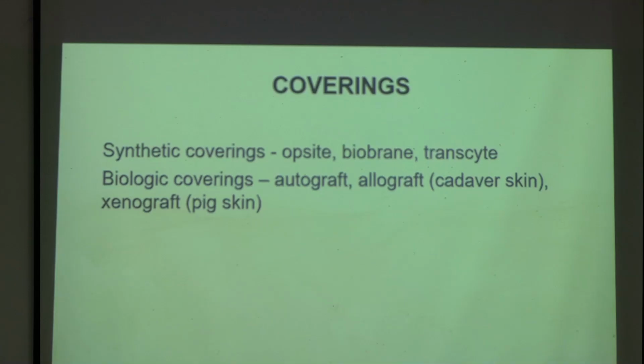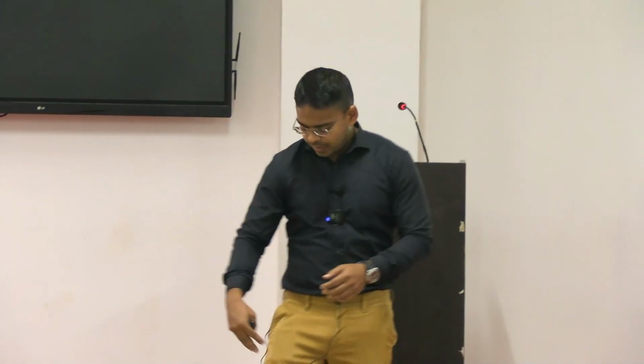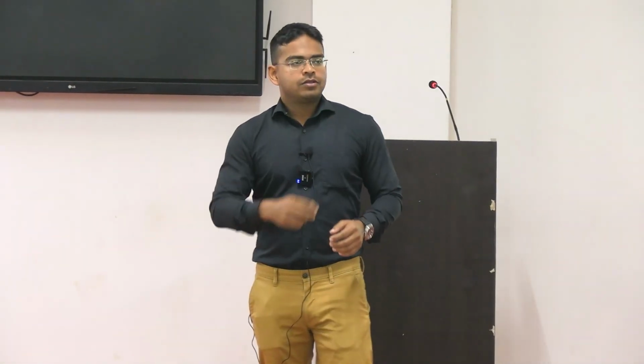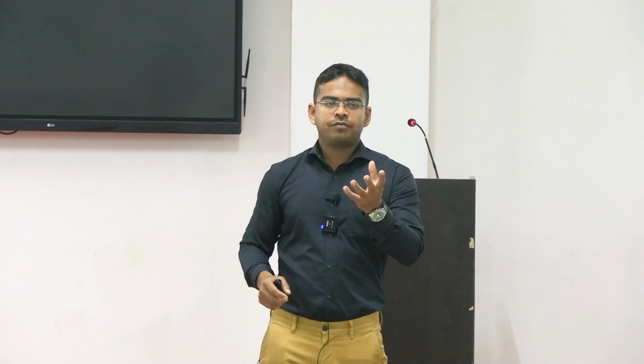If it's biological, you can take it from the body of the patient itself. Suppose I have a burn here and I have to cover it with skin, I can take it from my own thigh, the buttocks or the back, and use it to cover my wound here. Or you can take that skin from a cadaver also, or from a pig.